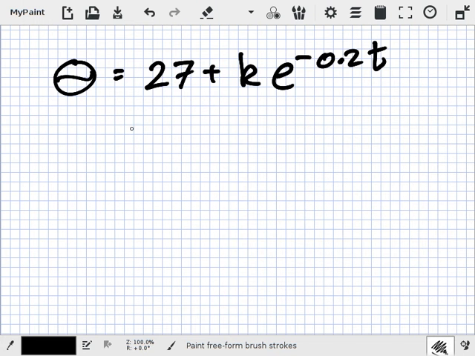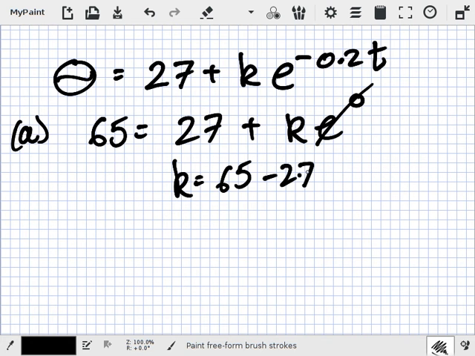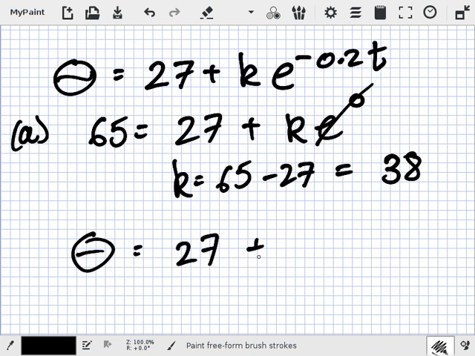If the temperature at the beginning is 65, then 65 should equal 27 plus K e to the power 0. T is 0 at the beginning, so that cancels, and then K would have to be 65 minus 27. What's that now? 38, is it? Okay, so we have theta is 27 plus 38 e to the minus 0.2 t.